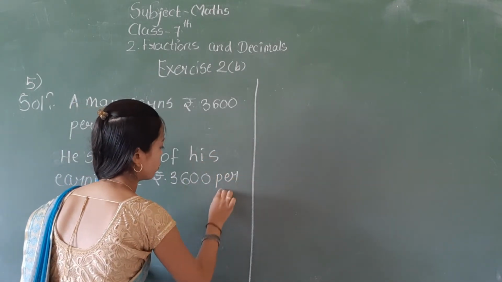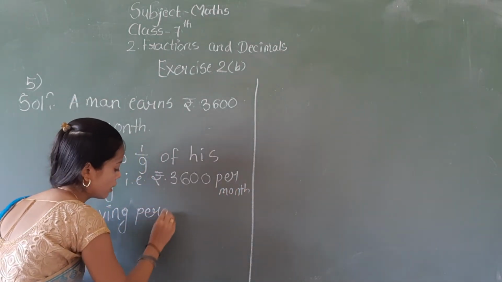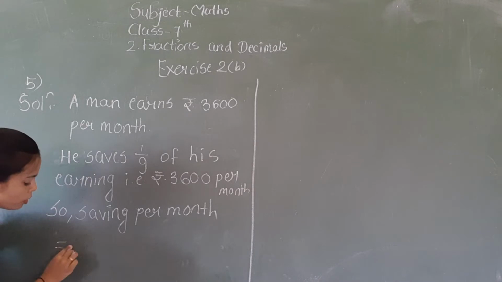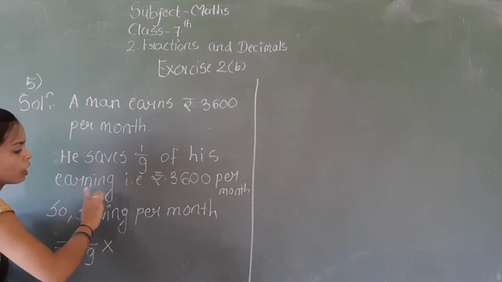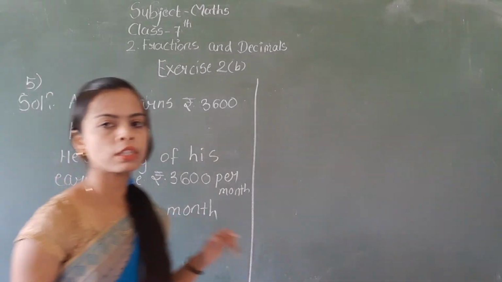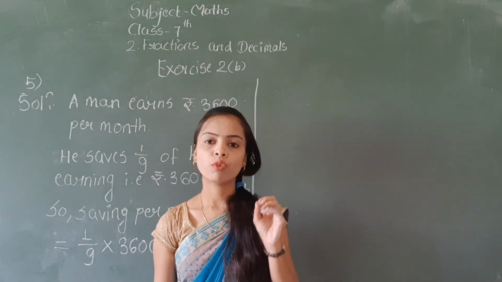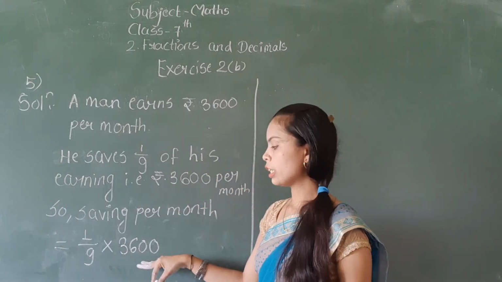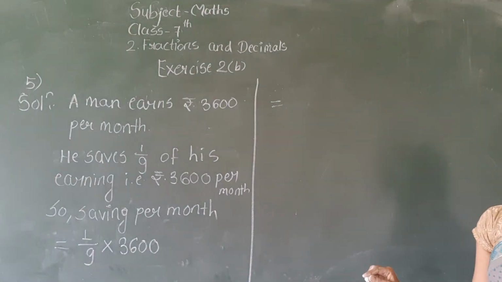Now his saving per month is equal to 1/9 of, means multiplication, his earning, that means ₹3600. ओके, सो अगर किसी पर्सन का पेमेंट है ₹3600 और अगर वो उसमें से 1/9 सेव करता है, सो वी हैव टू फाइंड आउट 1/9 ऑफ 3600.